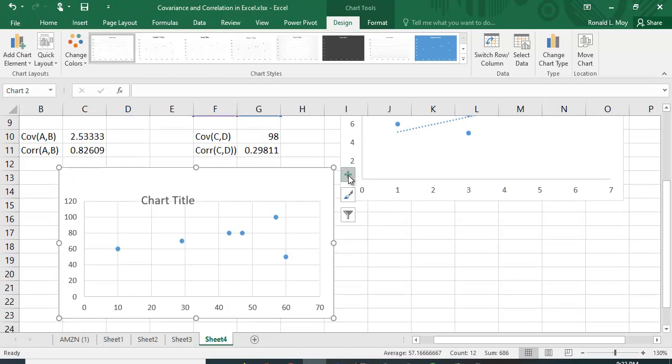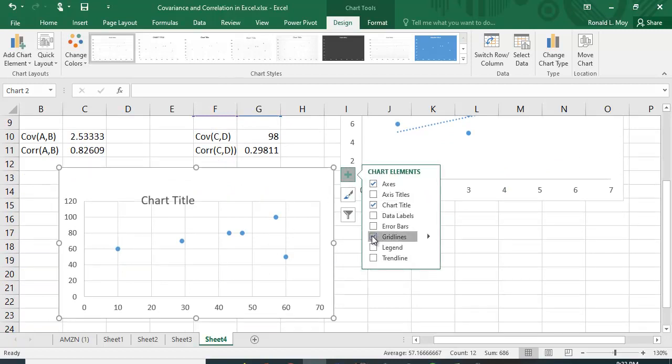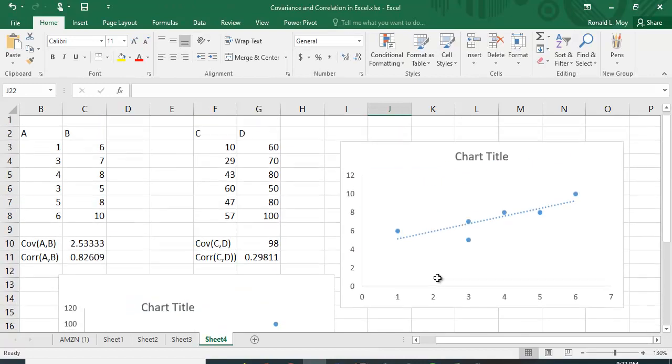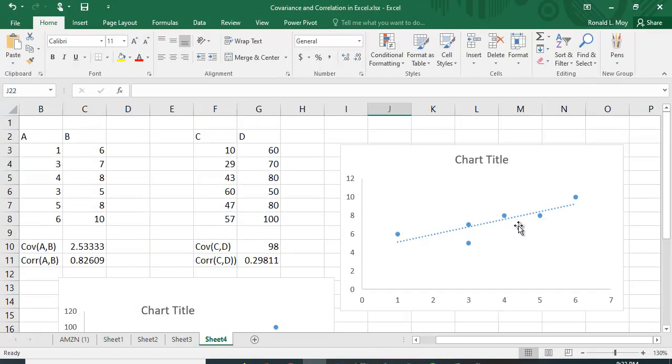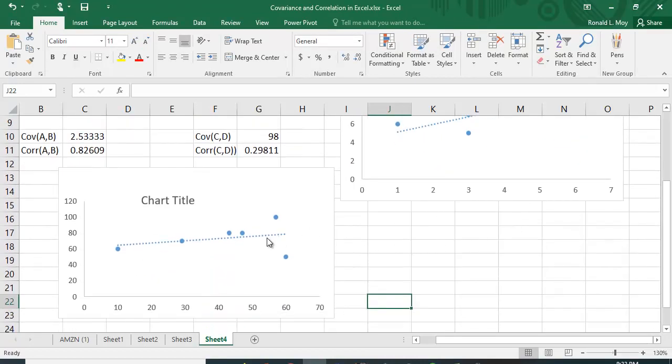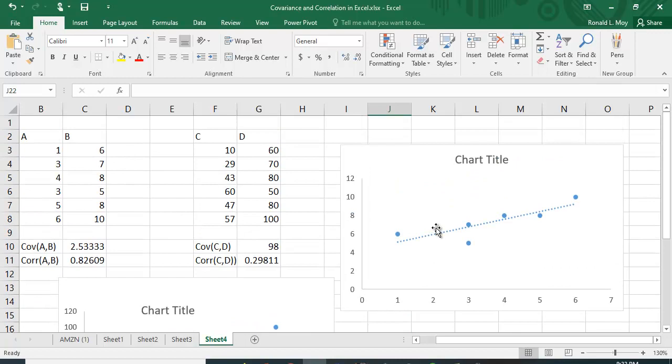And again, draw in a trend line. You can see this doesn't seem to be as strong a relationship as this graph here, right? And that makes sense. This one has a correlation of 0.29811. This one has a correlation of 0.82609. So even though the covariance was much smaller, the correlation was much, much larger.